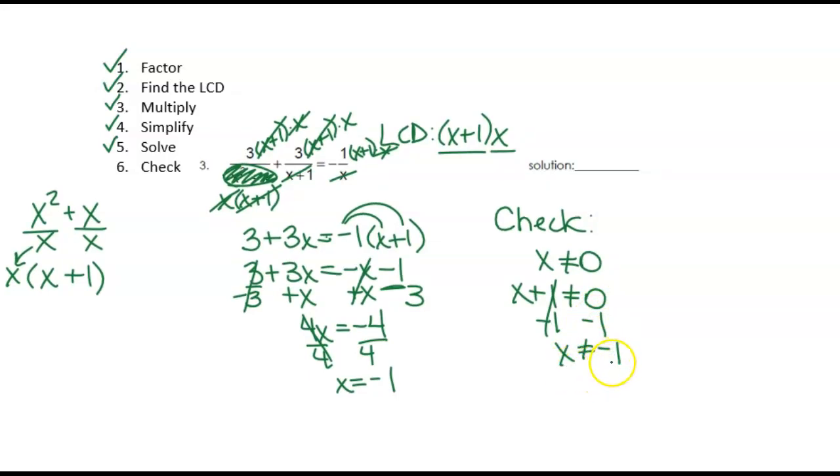An x value of negative 1 will make my denominator 0, which is a problem because my solution was negative 1, so that means that negative 1 is not going to work. It's going to create problems in my equation, so this is extraneous. And since it was our only solution possibility and it doesn't work, that means we have no solution.